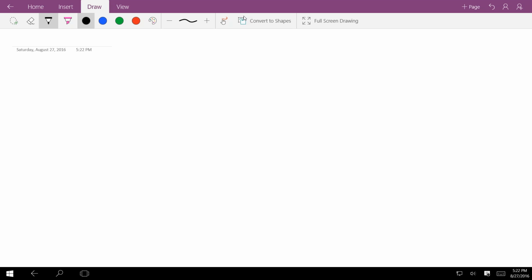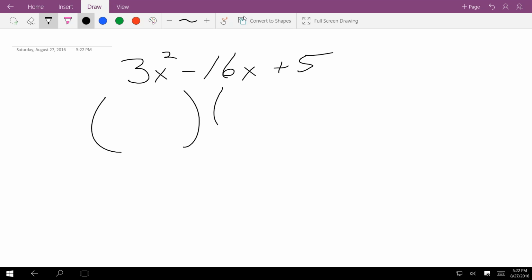So then I have 3x squared minus 16x plus 5. Okay, so it looks like it could be hard, but it's not really going to be hard because there's no greatest common factor.